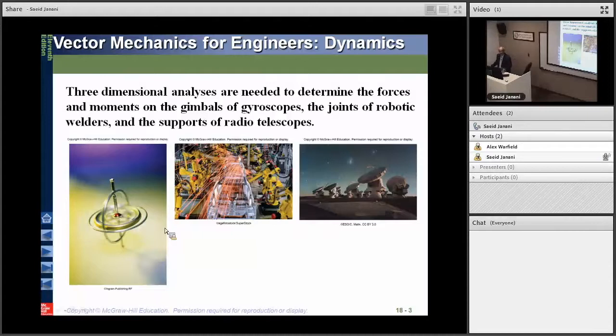For example, if there's a satellite that wants to align the antenna with a dish on the ground, it has to do some rotations, maybe one, two, or three rotations, until it aligns it.